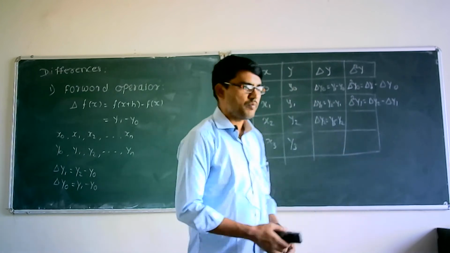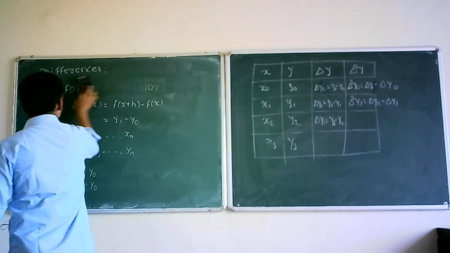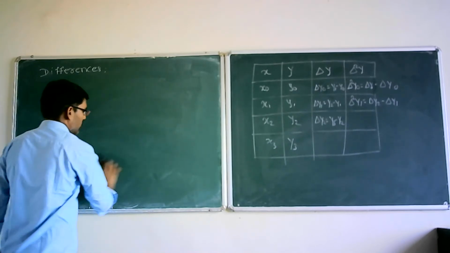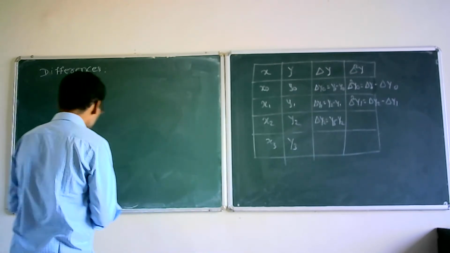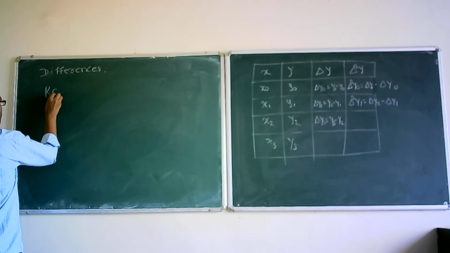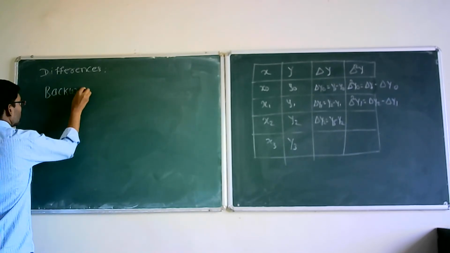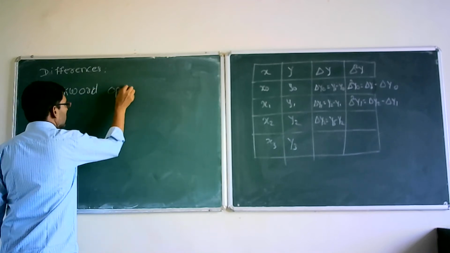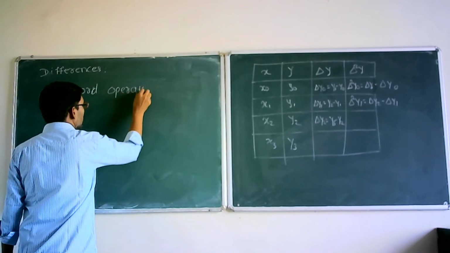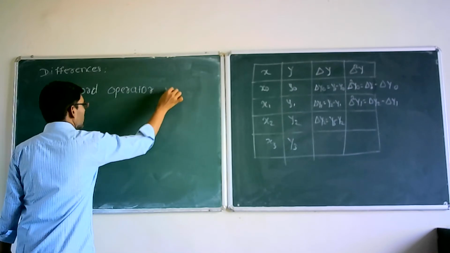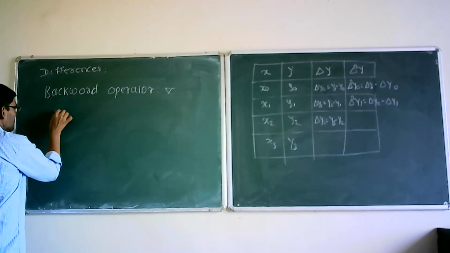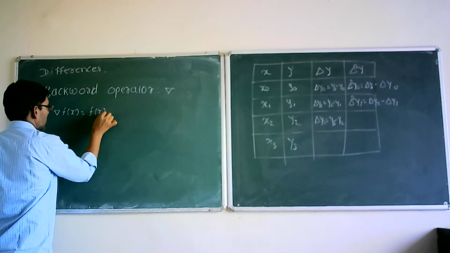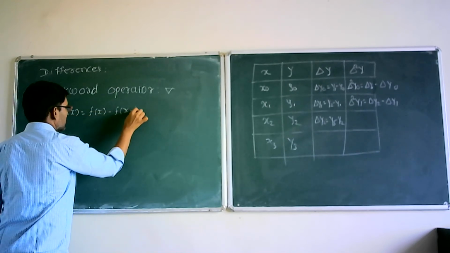Now there is one more operator, the backward operator. We denote it by del, and it is defined as del f of x is equal to f of x minus f of x minus h.